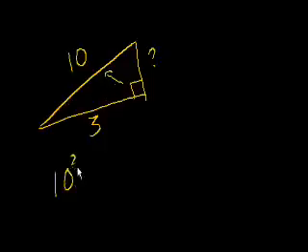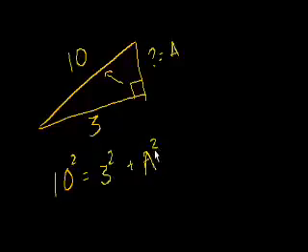Let's say that this is 10, and this is 3. What is this side? First, let's identify our hypotenuse. Well, we have our right angle here, so the side opposite the right angle is the hypotenuse, and it's also the longest side. So it's 10. So 10 squared is equal to the sum of the squares of the other two sides, is equal to 3 squared, and let's just call this a, pick it arbitrarily, plus a squared.